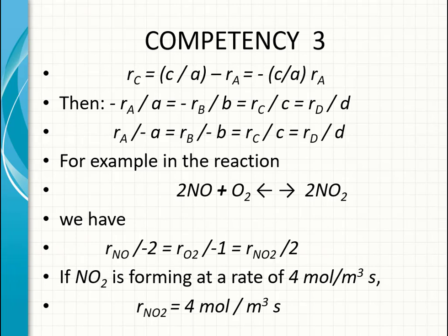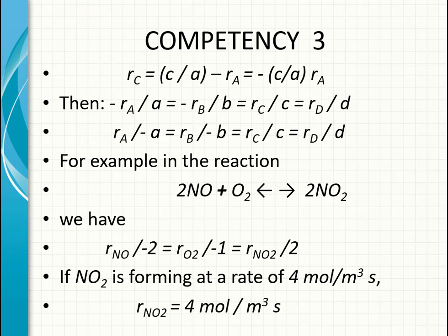We can see here that for A and B, the sign is negative because they are the reactants and they are disappearing, and for C and D, the rates are positive because they are the products and they are being formed.